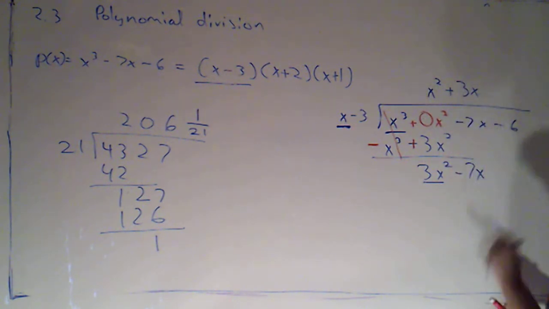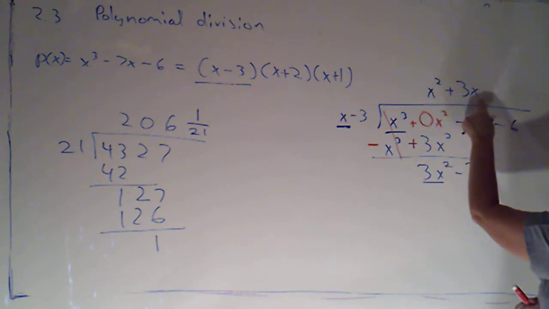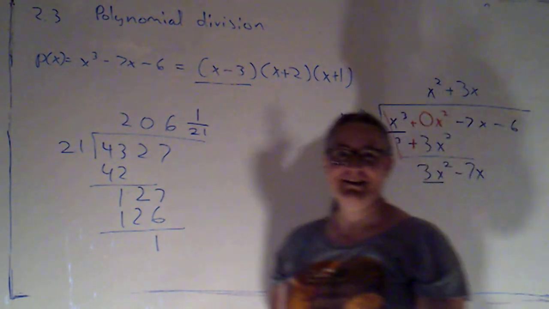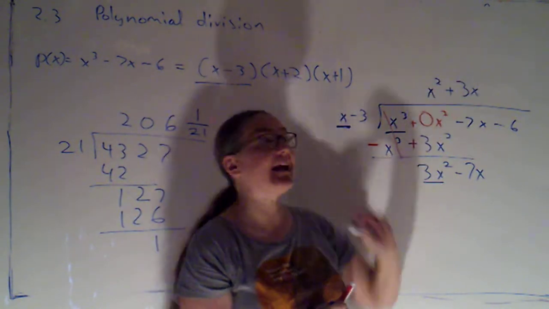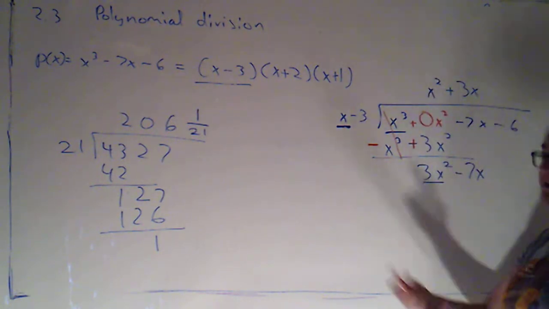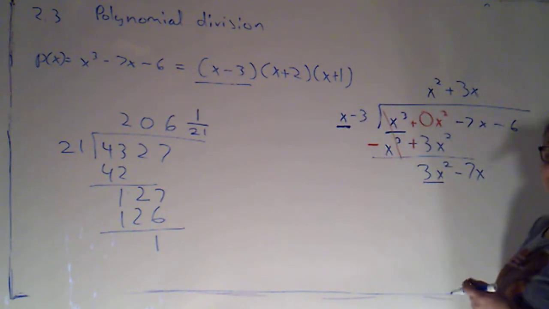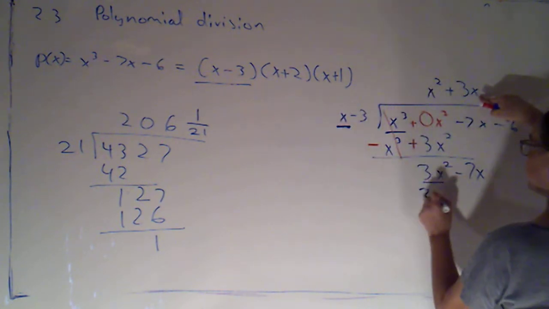Very important that I write that plus sign, because if I just wrote x squared 3x, it would look like multiplication. So make sure that if it's a positive thing that you're multiplying by, you do write in that plus sign, because up here we're just adding together all of the things we're going to multiply by x minus 3. So now we multiply. 3x times x gives me 3x squared.